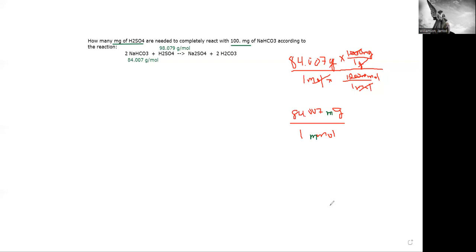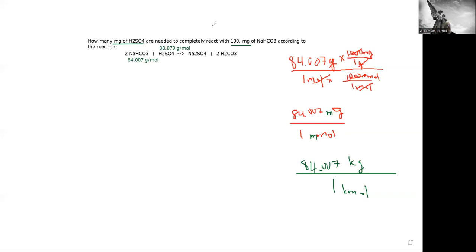But it's also the same as 84.007 kilograms per 1 kilomole. Because the milli here with the milli there doesn't disturb the ratio.